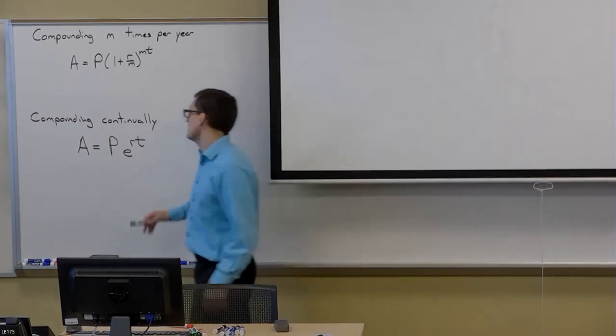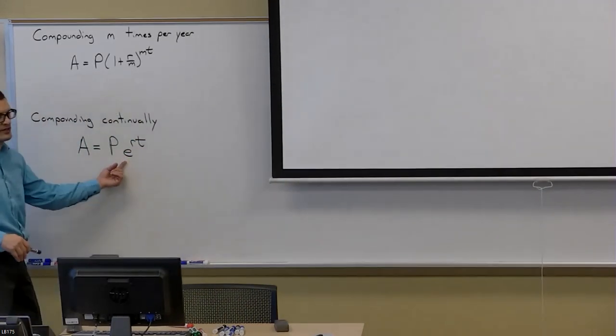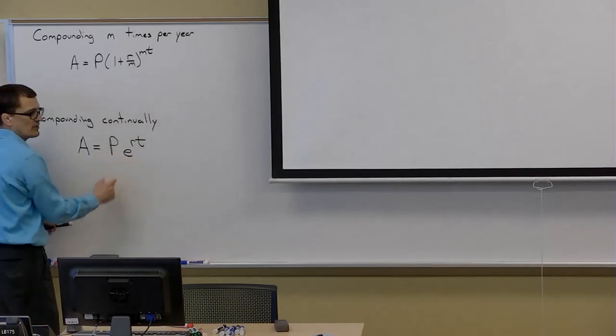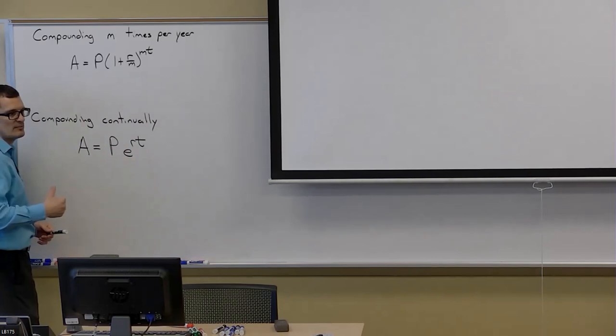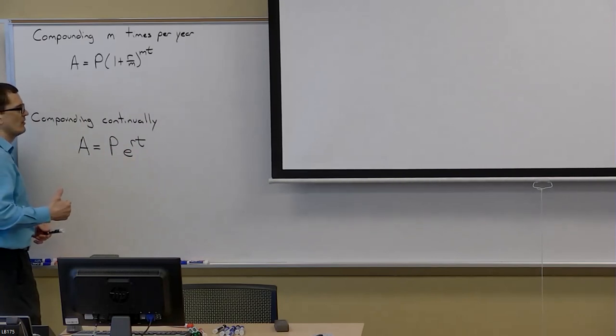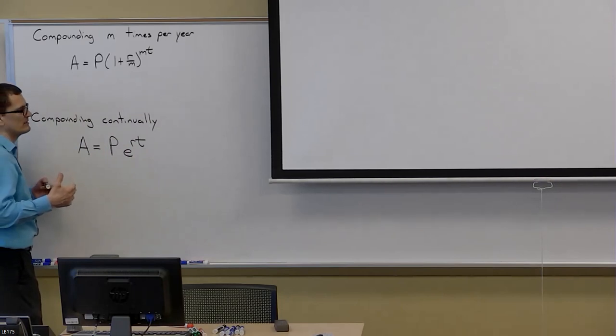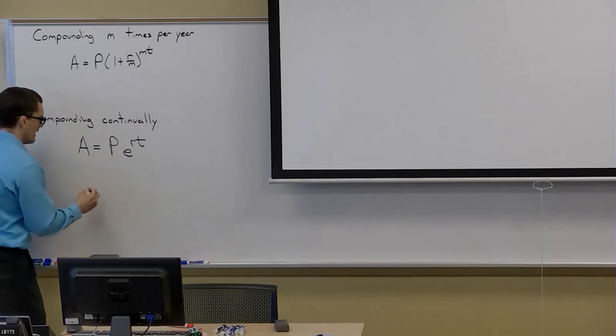Now, E here is not a variable. E is a special number that comes up when you look at natural growth, all right?